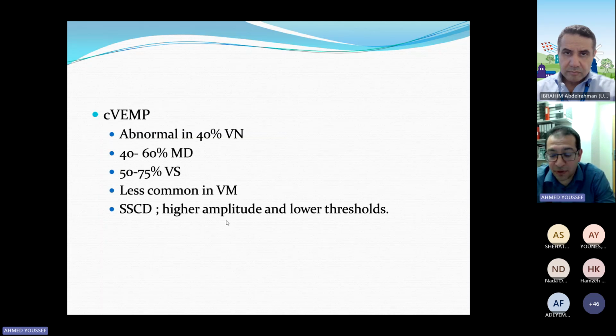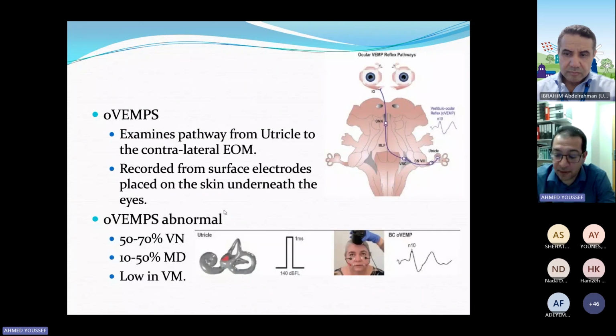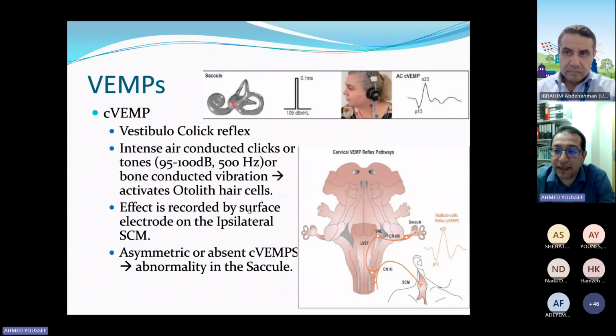Actually, if we go back to the graph, you will find that the amplitude is bigger. In other words, with the sound produced to the ear, instead of producing a normal curve, the movement inside the inner ear would produce a bigger amplitude.